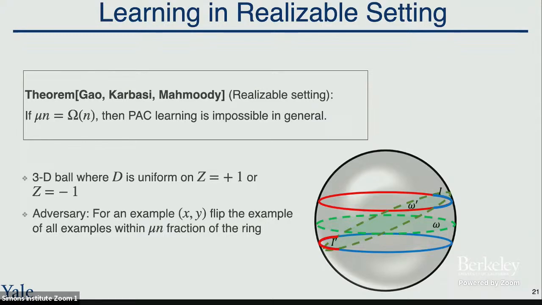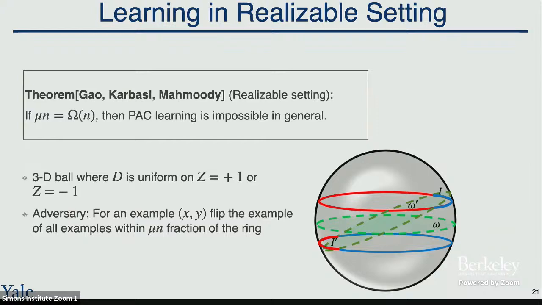And if the adversary wants to change the label of this point, it is going to replace eta half of the points in this ring, and eta half of the points of this ring. Originally, it was possible to classify with error 0. Now a classifier that has error 0 is going to be tilted, and you can push the error to 1 in this case.